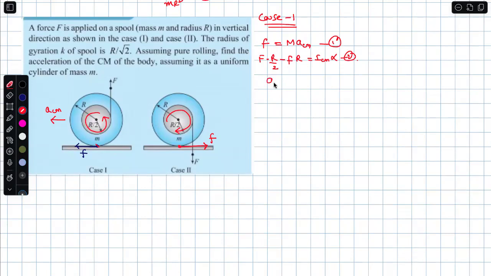And anyway, A_CM is equal to R alpha, that is equation 3.